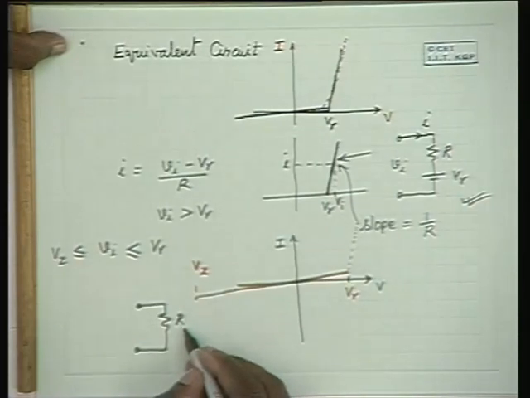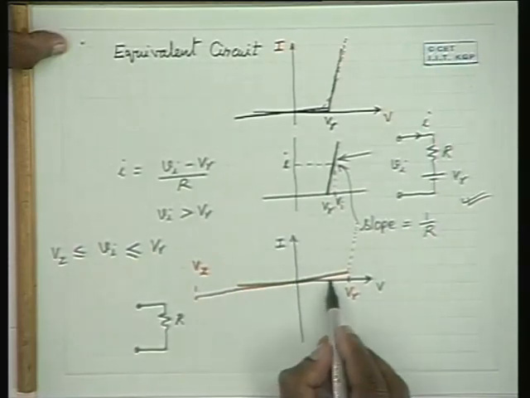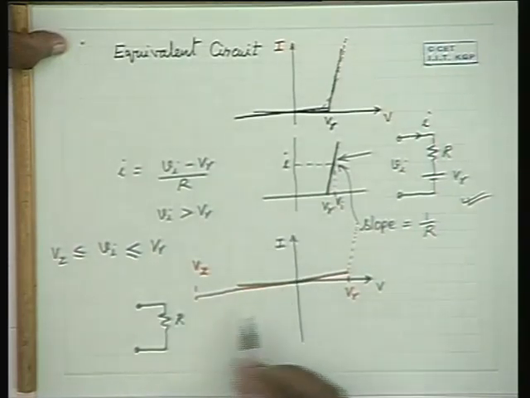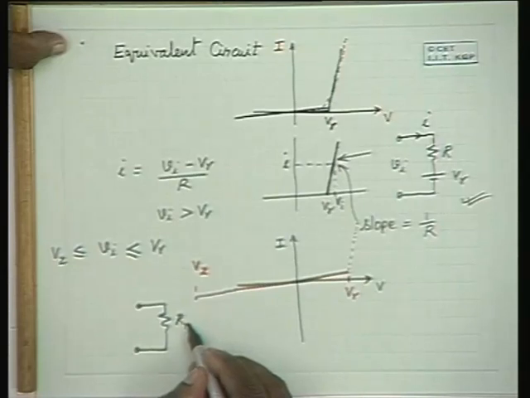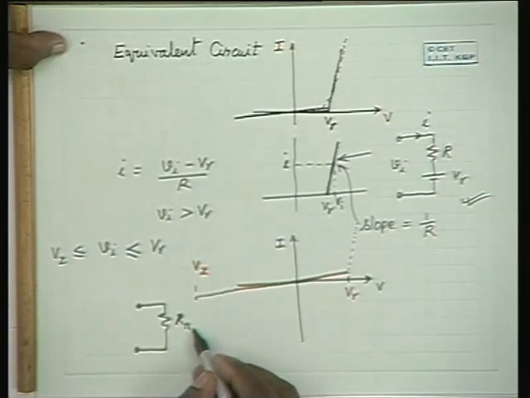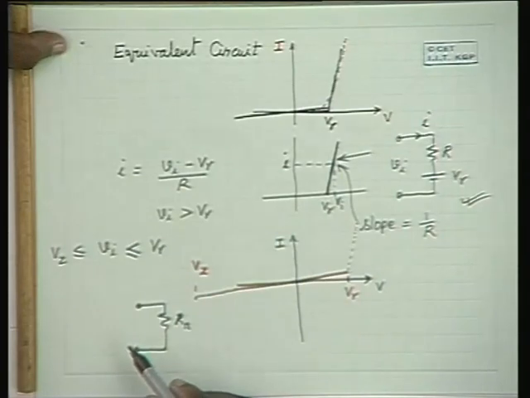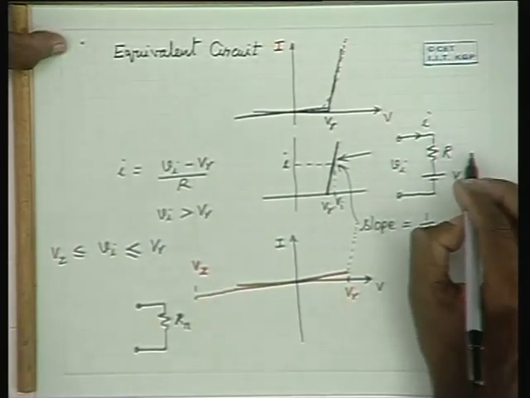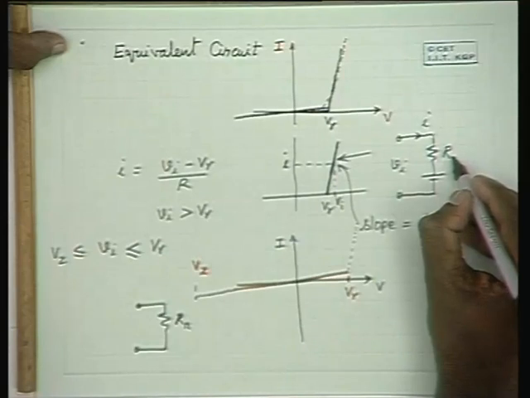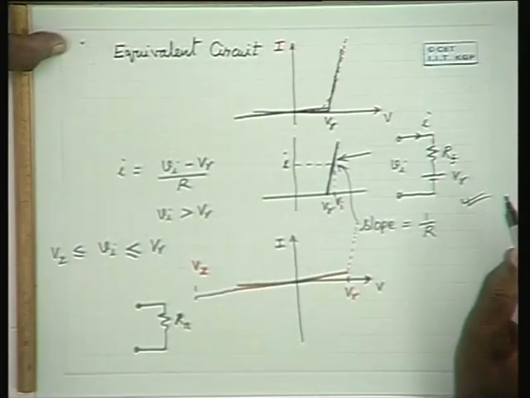This resistance value is very large, because for a huge amount of voltage the current is very small. So this is applicable under reverse bias, therefore it can be represented by RR. The suffix R indicates reverse bias. So this is the equivalent circuit of the resistance in the reverse direction. And to indicate the resistance in the forward direction, let us indicate it by RF in the equivalent circuit.